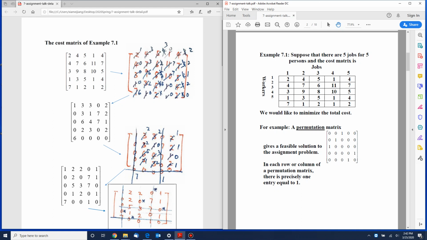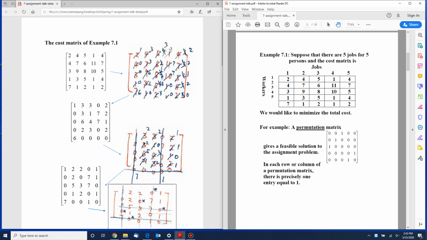Then look at the column for job 3: the first person asked 5, the second person asked 6, the third person asked 8, the fourth person asked 5, and the fifth person asked 2. From this table, if you don't know LP, you can simply choose the cheapest.